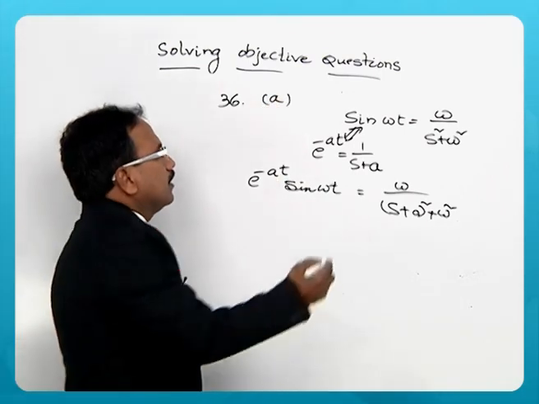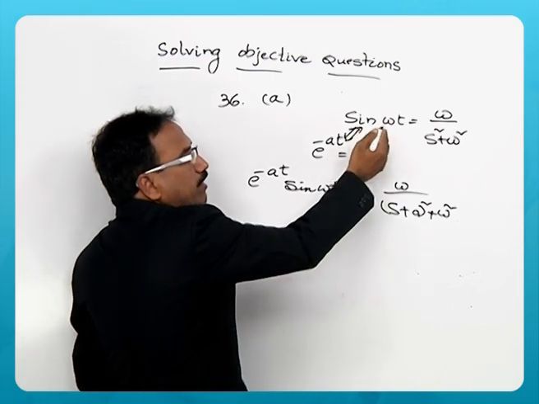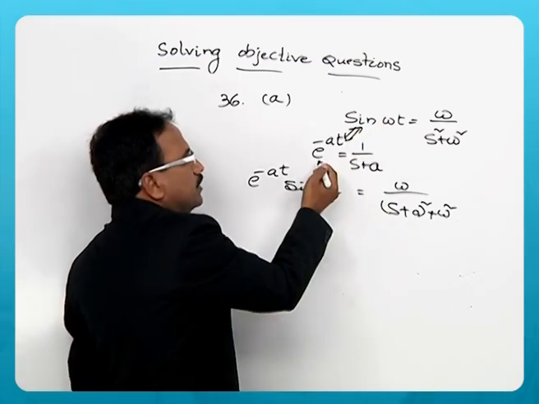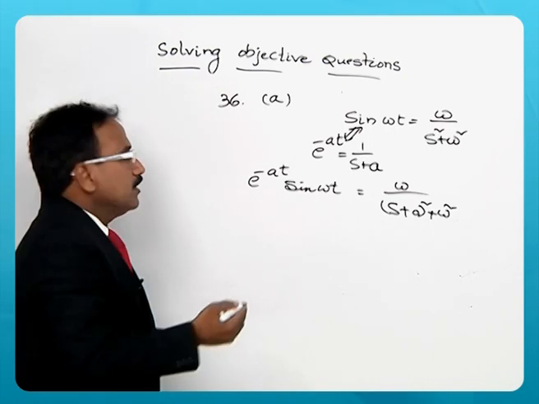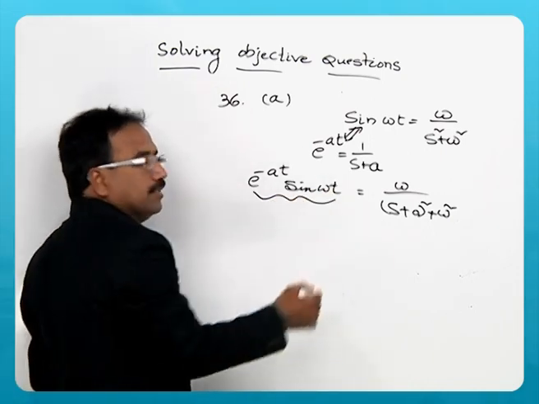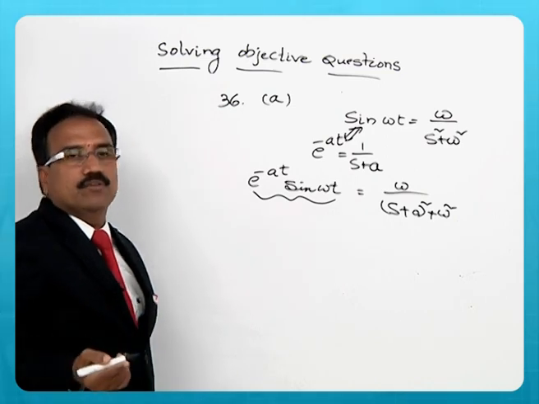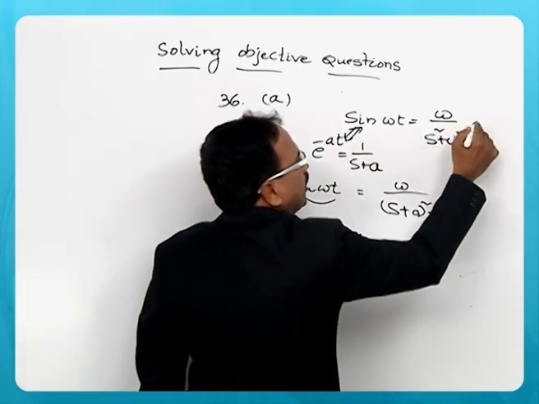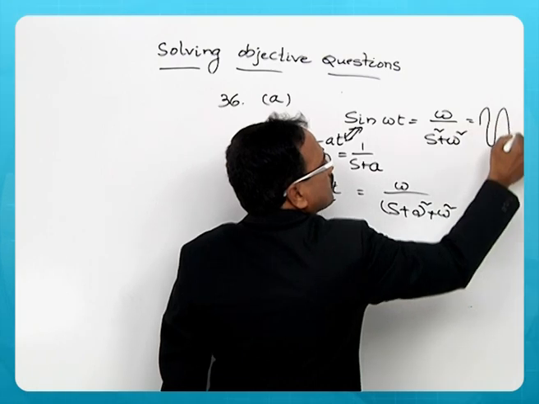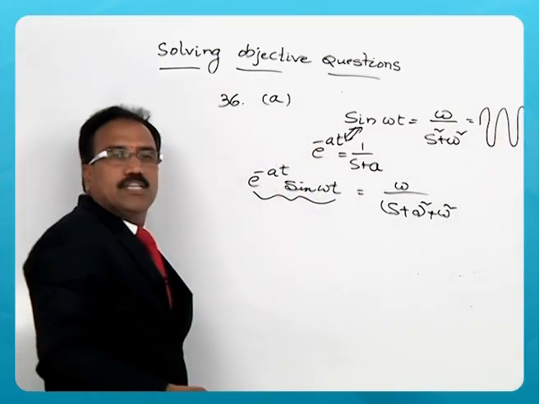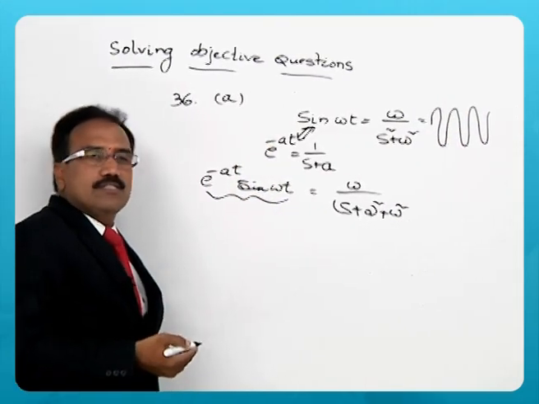This is a sine wave, sine function. This is an exponentially decaying function, and when both are combined, we say that it is a damped sinusoidal wave. You know that sin omega t means it has sustained oscillations like this.